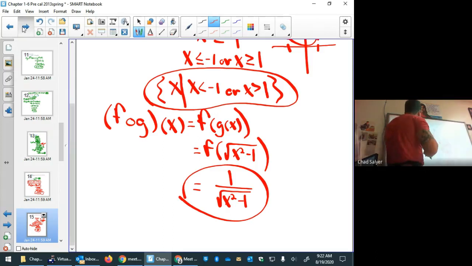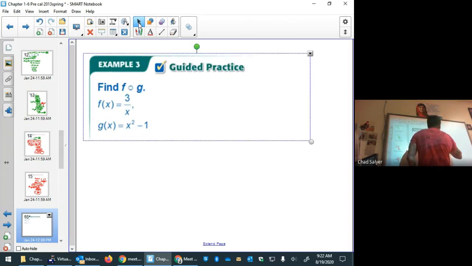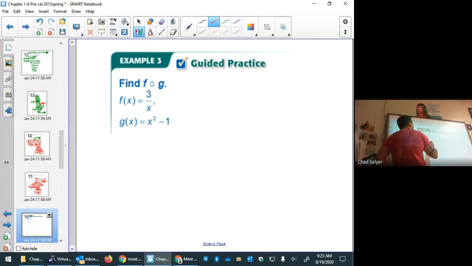Interesting problem. Here's one for you. Give me the domain, find f of g, pause the video, and then come back and see if you got it right. All right, so let's see here. First of all, everything we find has to be valid for this. This has no domain constraints, so that's not a concern.